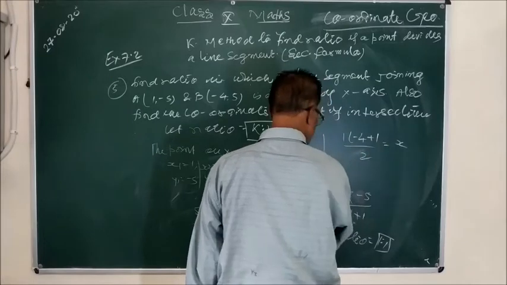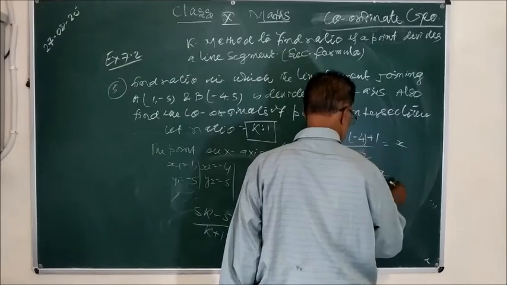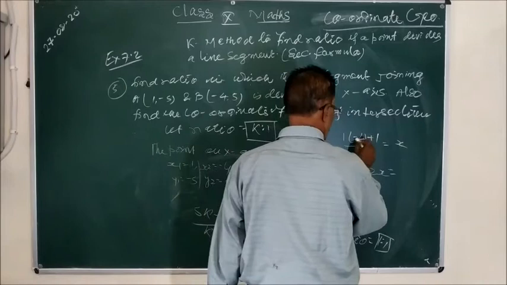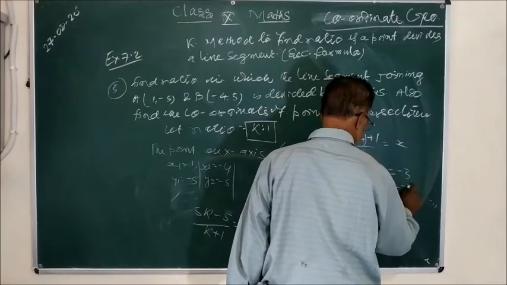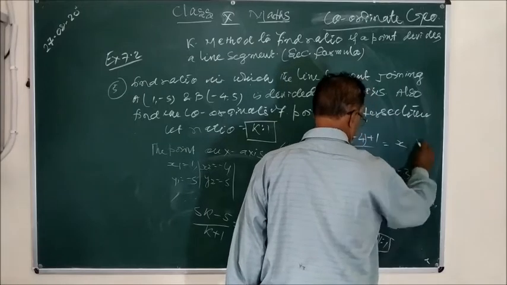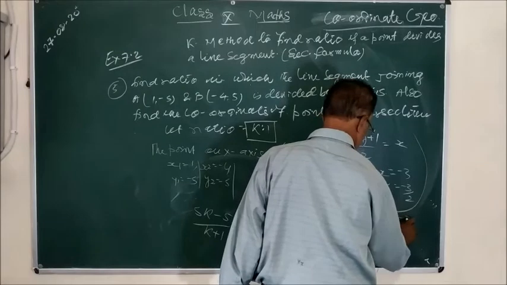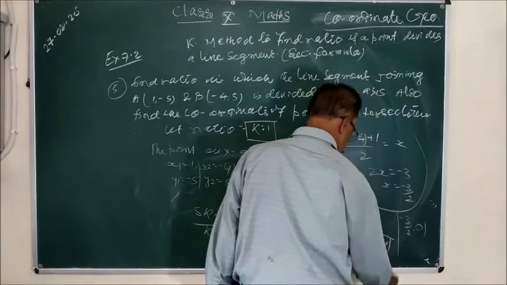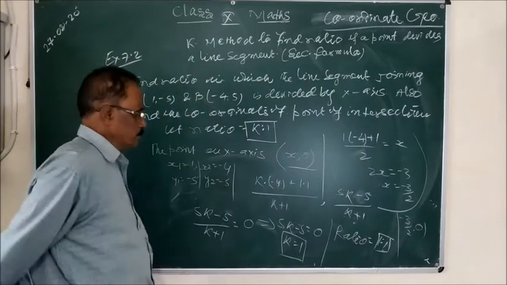So 2x is equal to minus 4 plus 1, minus 3. x is equal to minus 3 by 2. So the coordinates are minus 3 by 2, 0, and the ratio is 1 is to 1. This is called the K method.